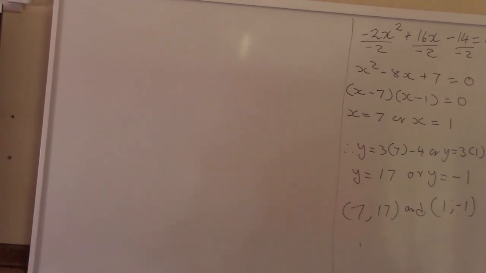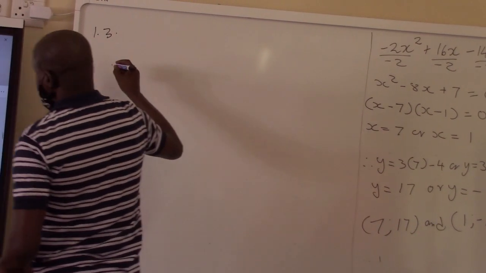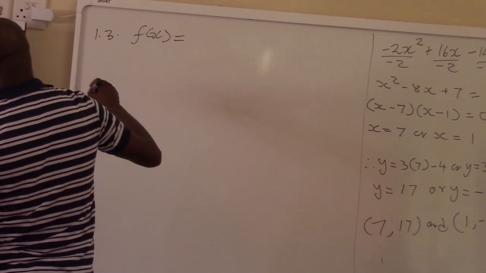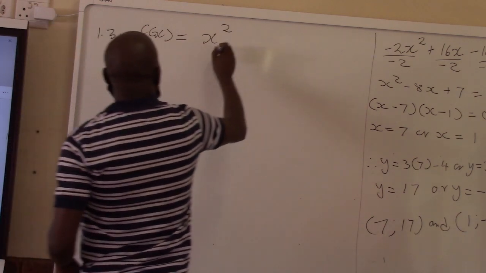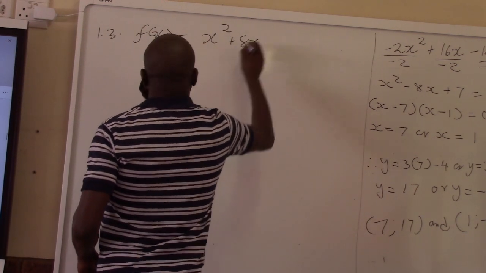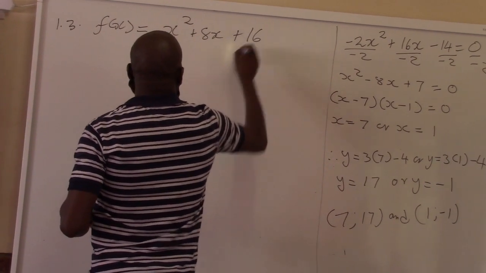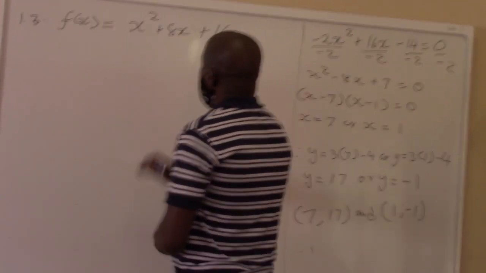And they were like 1.3. The given equation, which was f of x equals x squared plus 8x plus 16. So that is what was given.